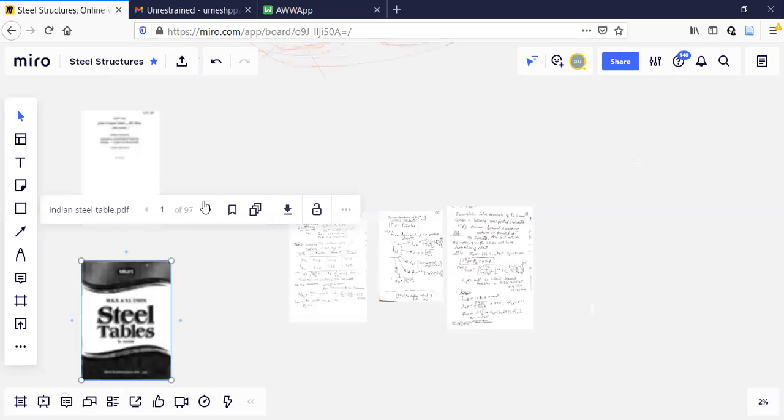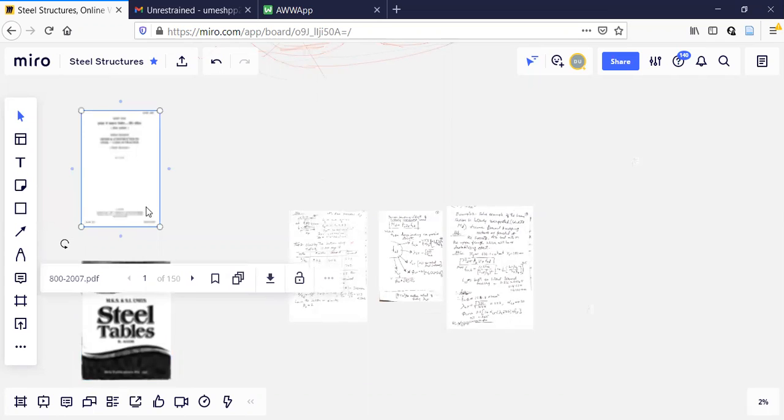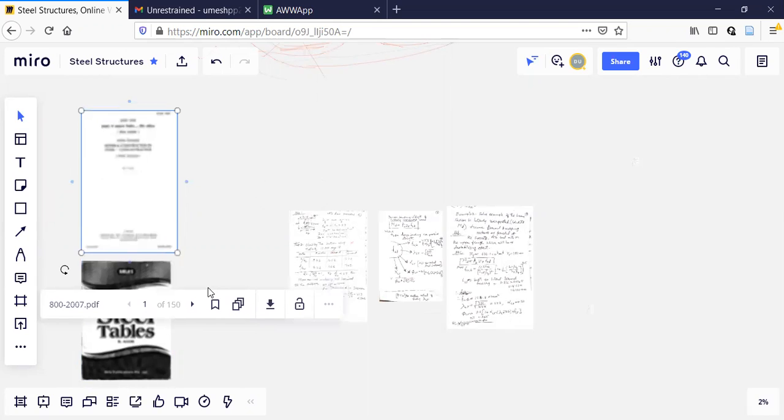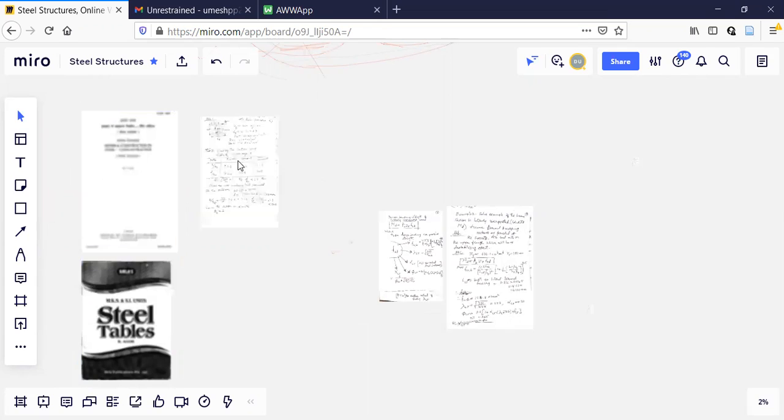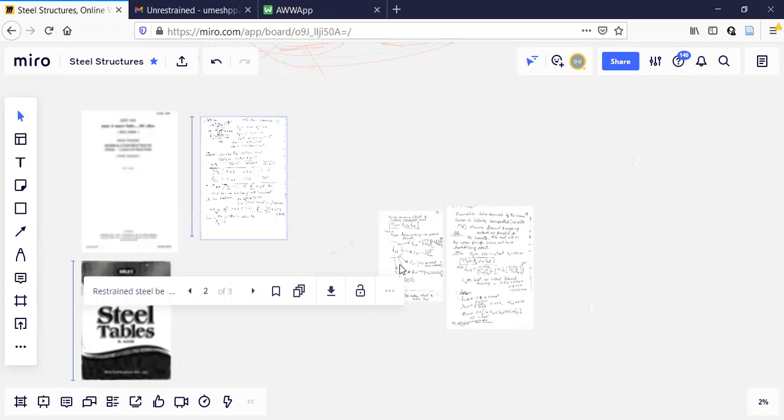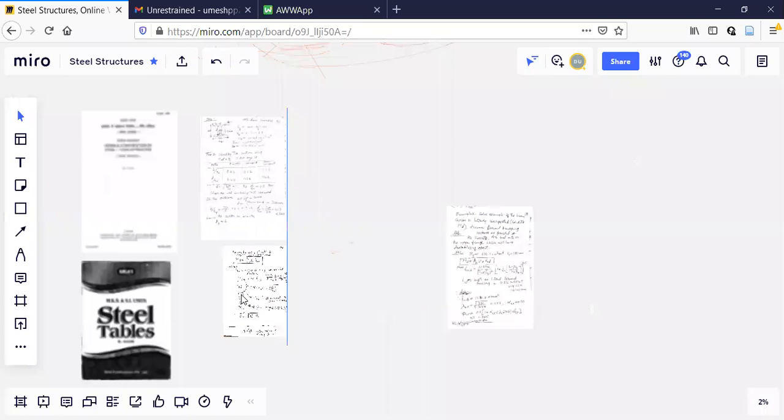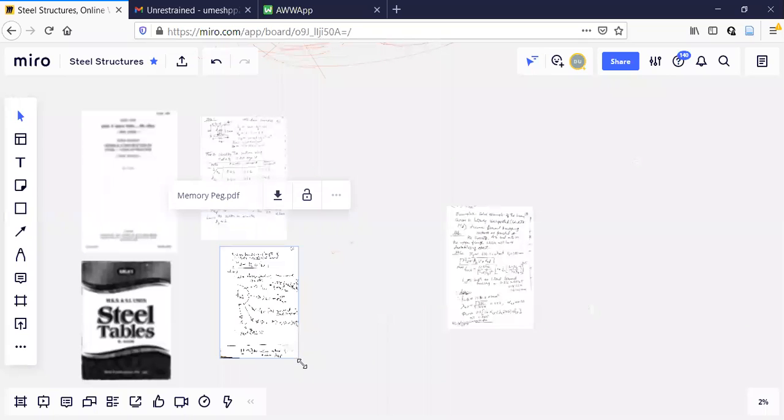You can see there are 97 pages of the steel table here. There are 150 pages of IS 800 here. Both are there. Actually, I wanted one more. I need to download it here in order to solve this problem.